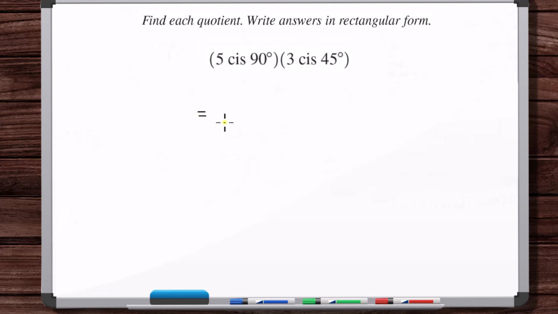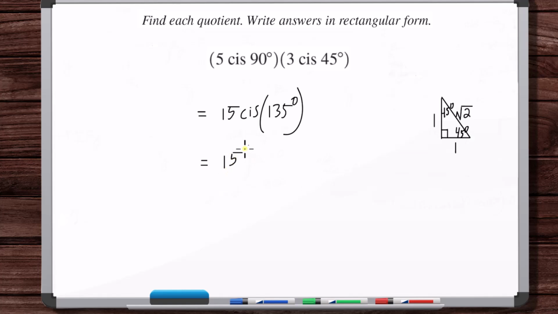This is 15 cis 135. That easy. 135 has reference angle 45 in the second quadrant. So the x component in the second quadrant is going to be negative, so we get minus 1 over root 2, and then plus, and there we go.